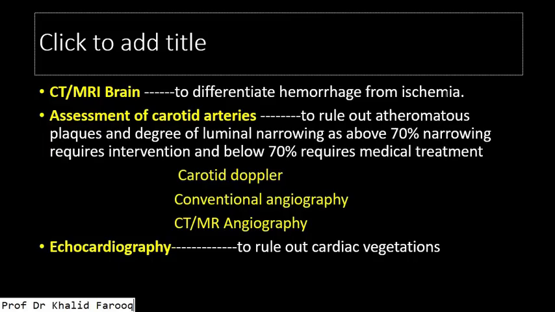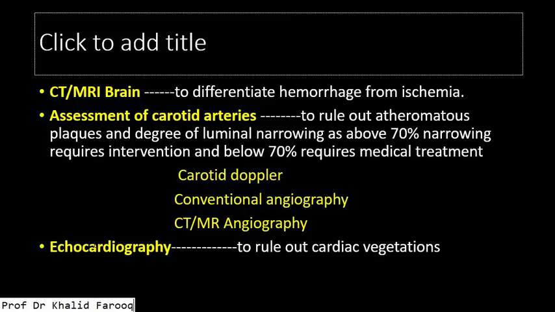Second, we have to rule out any source of emboli either from carotid arteries or from the heart. So for assessment of the carotid arteries, we can use carotid Doppler, conventional angiography, or CT or MR angiography. Similarly, we have to see cardiac vegetations with the help of echocardiography.